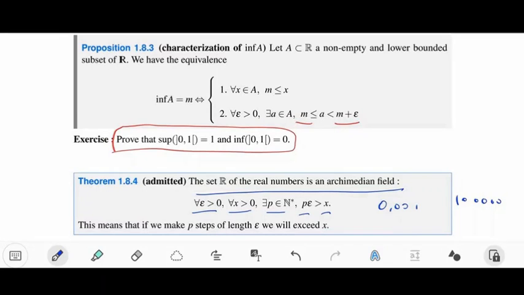Okay, this property is called the Archimedean property, and I think you understood the meaning. So you are able to multiply 0.001 by an integer large enough so the result will be greater than x. So this property you will see later, where it will be used in our proofs.